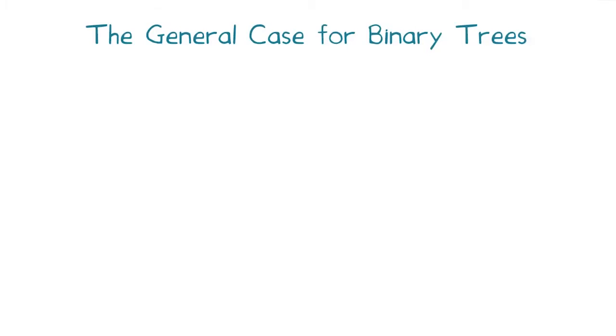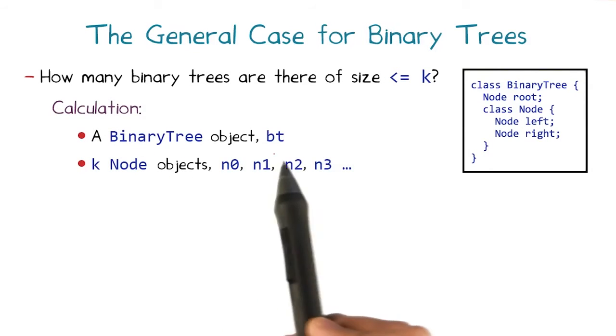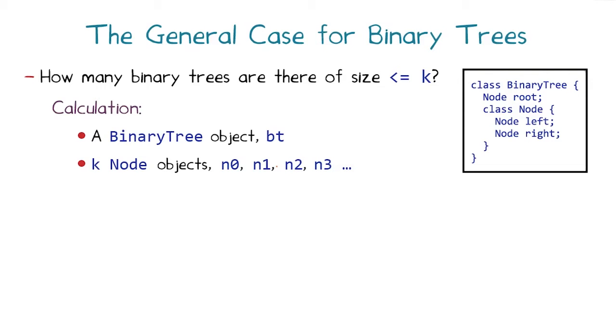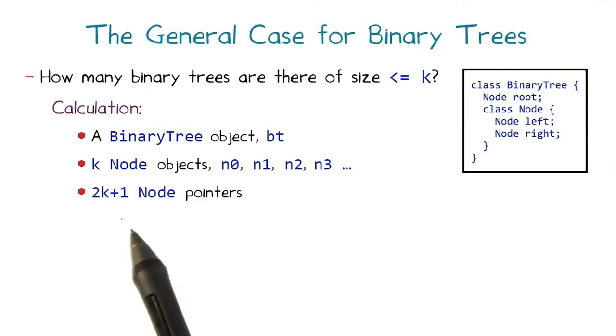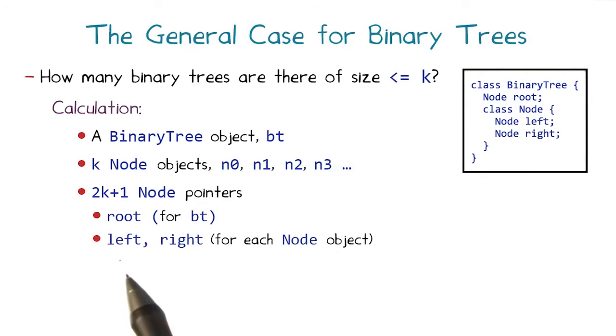Let's generalize the setting in the quiz from binary trees using up to 3 nodes to binary trees using up to k nodes. Let's calculate how many binary trees we can make using up to k nodes. We have a single binary tree object bt and k node objects, which we will call n0, n1, n2, etc. There are 2k plus 1 node pointers to assign values to: the root field of the binary tree object and the left and right field of each of the k node objects.